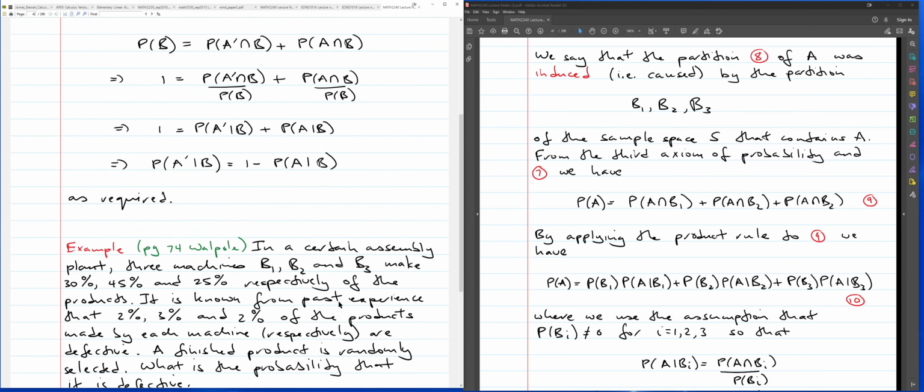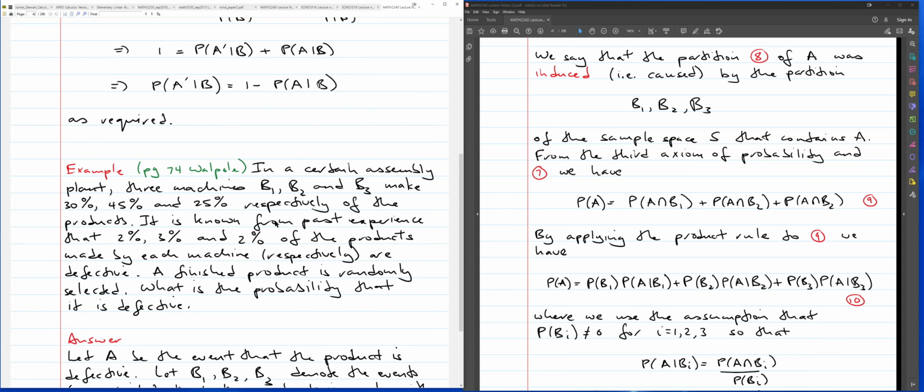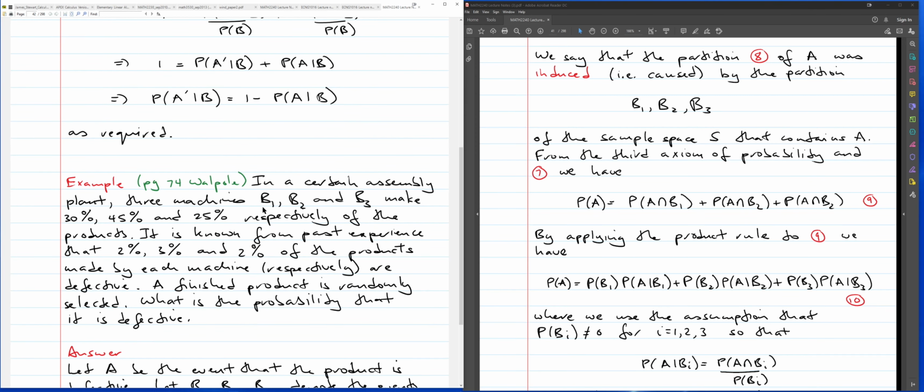In this example, the probability of the product being made by machine B1 is given as 0.3, because they literally state that 30% of the products are made by machine B1.